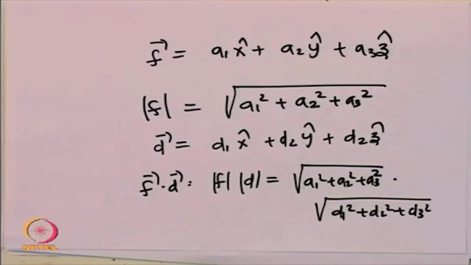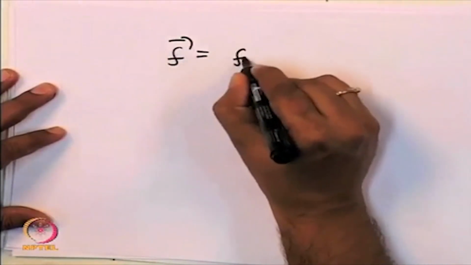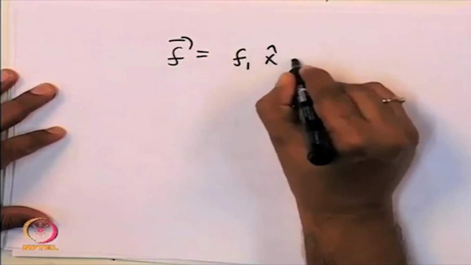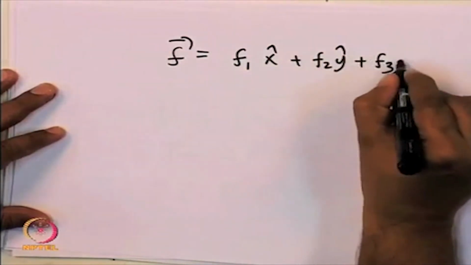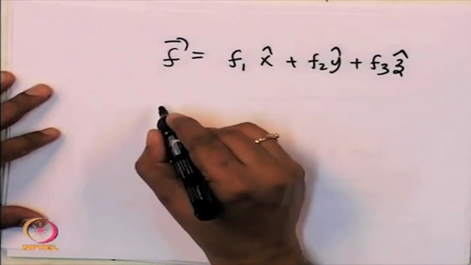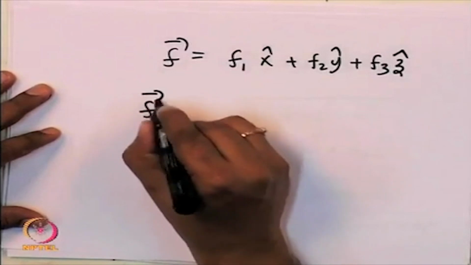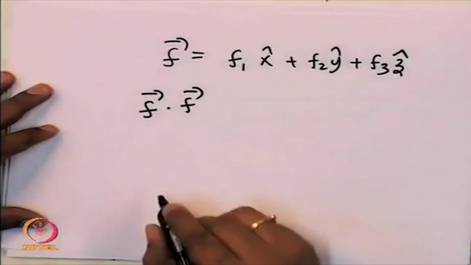Now let us take a simple example, f dot f itself. Let us say f is some vector, f 1 along x axis plus f 2 along y axis plus f 3 along z axis. What is f dot f?